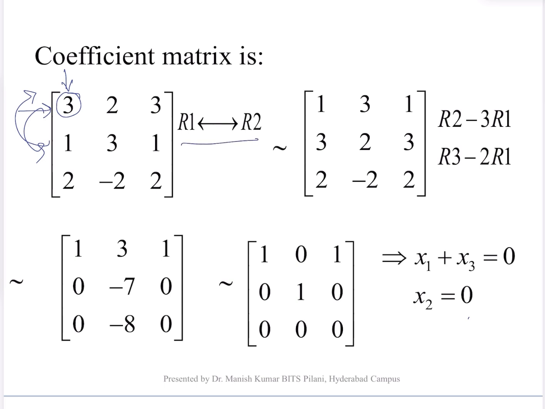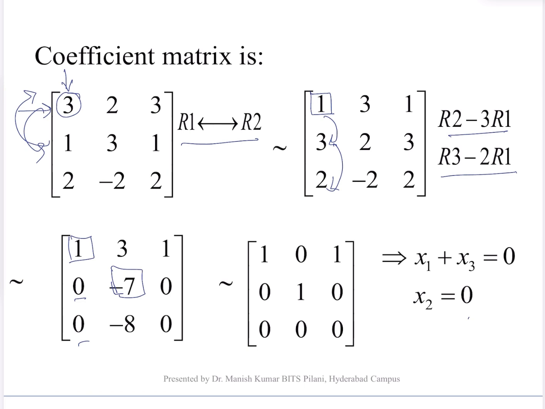So I got this pivot element. Now we have to make the entries below it 0 using elementary row operations, and it reduced to this. So the first column's job is over. Now we move to the second column, lower row, which is -7. We want to make it 1.